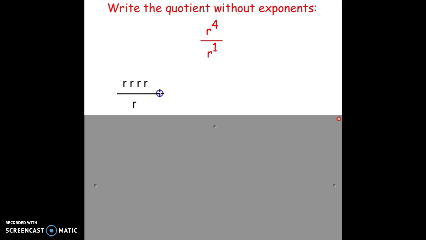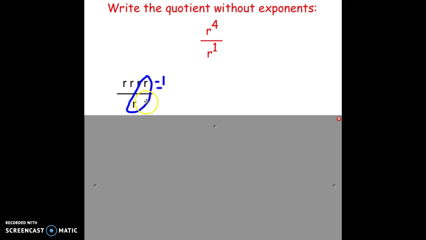Anytime you take something divided by itself, so if you take 37,983 divided by 37,983, or 12 divided by 12, or centimeters divided by centimeters, or r divided by r, anything divided by itself is always 1. So here, I've got r divided by r, and r divided by r equals 1.